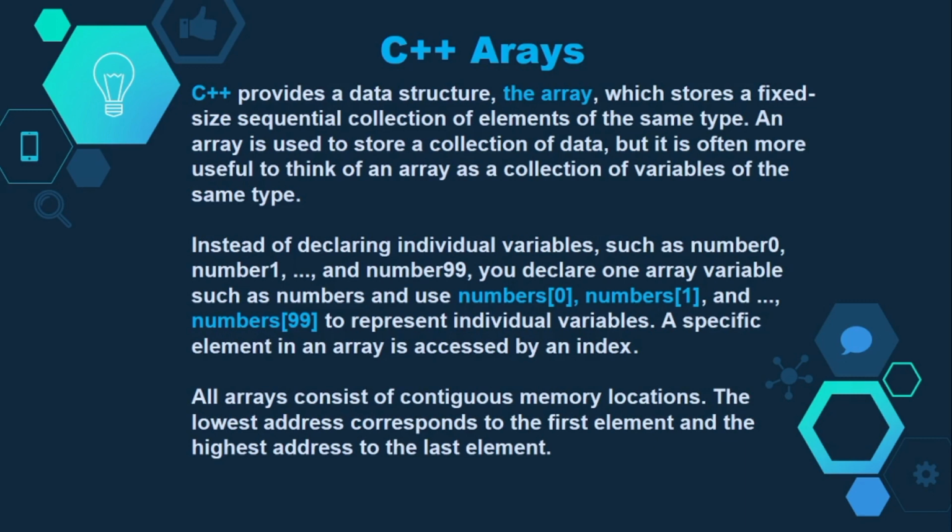Instead of declaring individual variables such as number0, number1, up to number99, you declare one array variable such as numbers, and use numbers[0], numbers[1], and numbers[99] to represent individual variables. A specific element in an array is accessed by an index. All arrays consist of contiguous memory locations. The lowest address corresponds to the first element and the highest address to the last element.